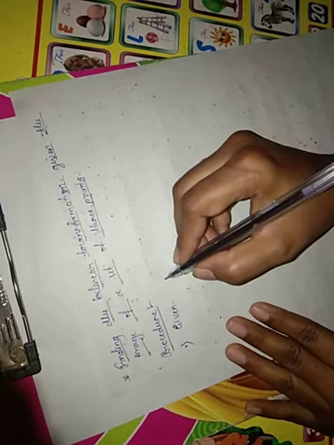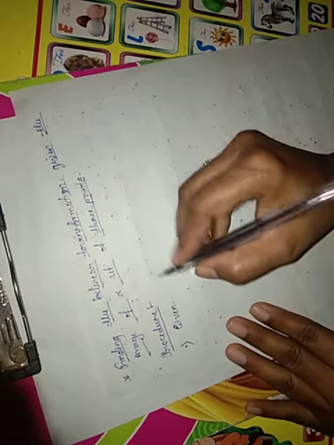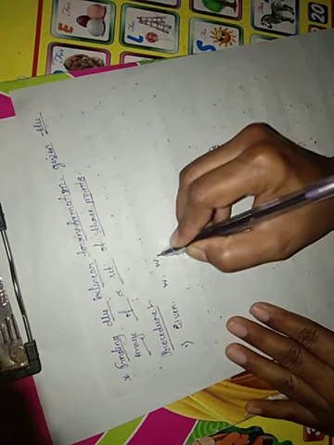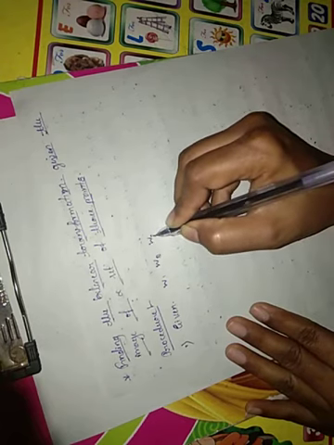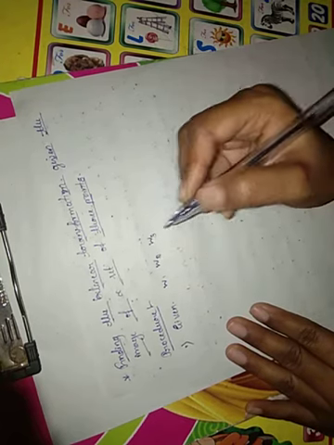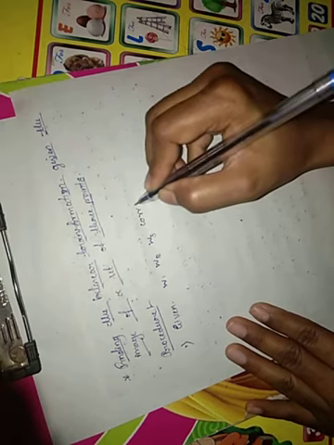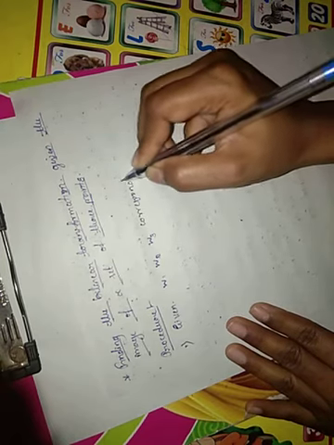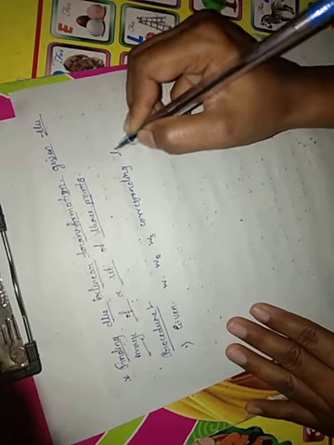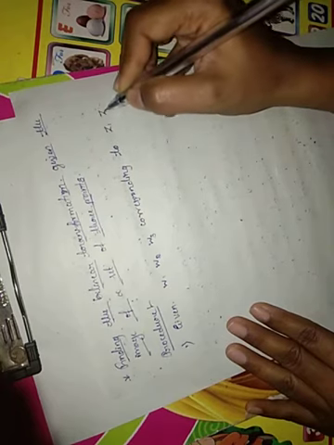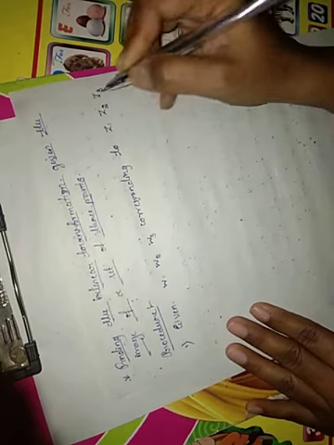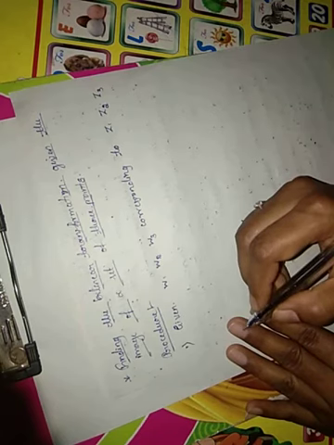First you have to find out W1, W2 and W3 corresponding to the values of Z1, Z2, Z3. Clear?